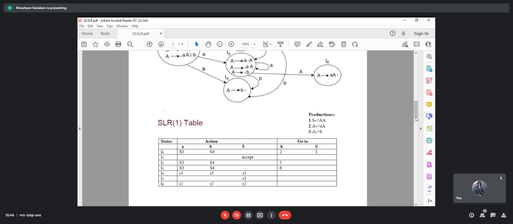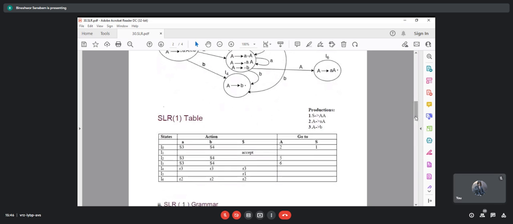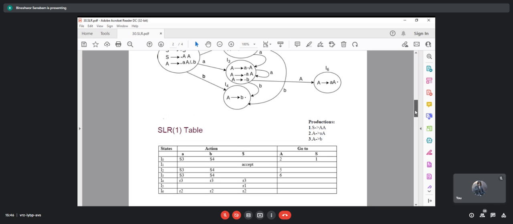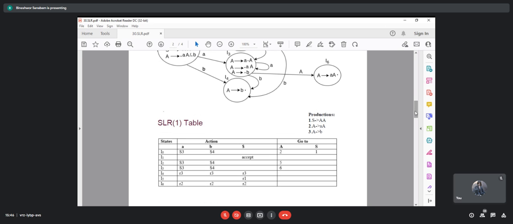If you consider the 4, that is I4, for I4 we need to check the follow of A. Wherever the follow of A is there, we're going to reduce it. This is similar to LR0, but the only difference is we need to find the follow.